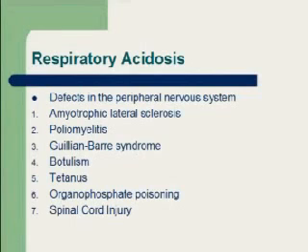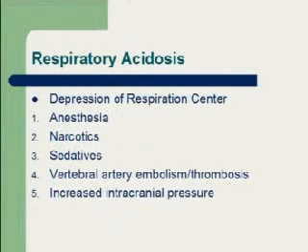Respiratory acidosis also defects in the peripheral nervous system, amyotrophic lateral sclerosis, poliomyelitis, Guillain-Barré syndrome, botulism, tetanus, organophosphate poisoning, spinal cord trauma, all are important. Depression of the respiratory center can also cause respiratory acidosis.